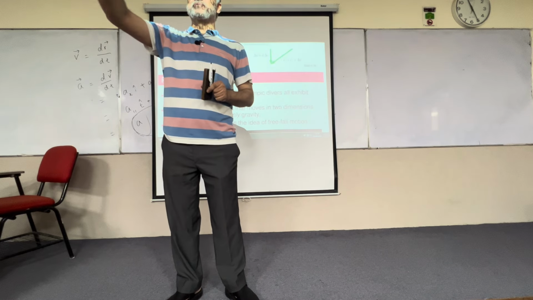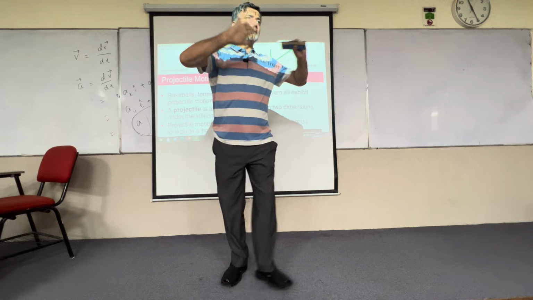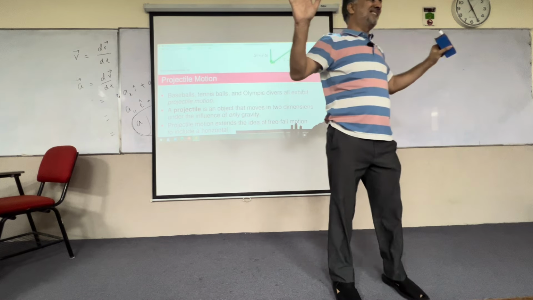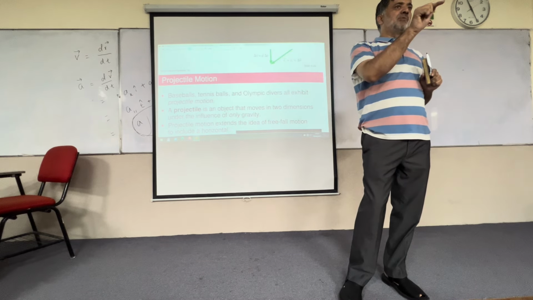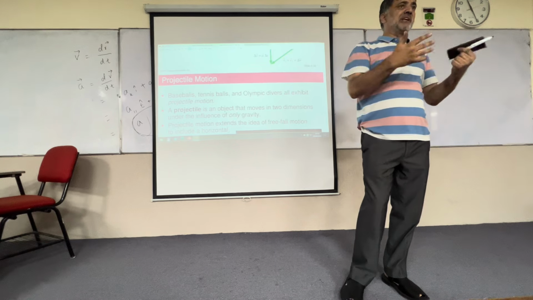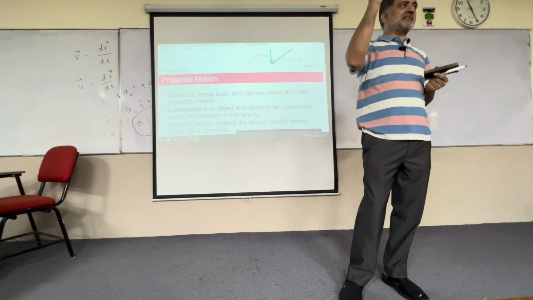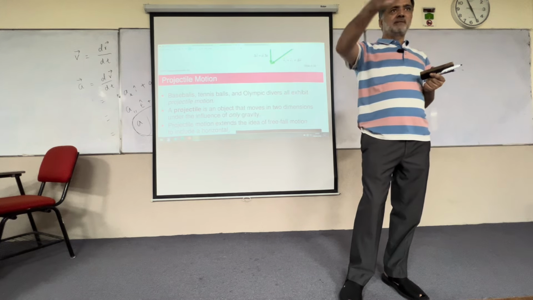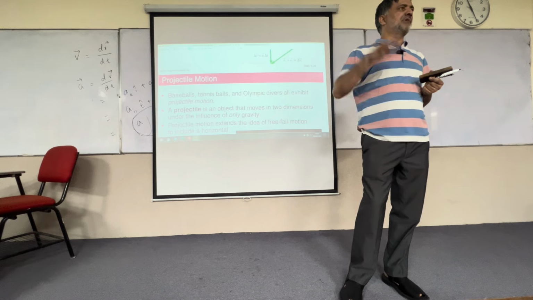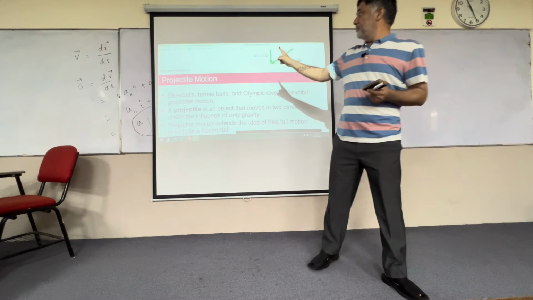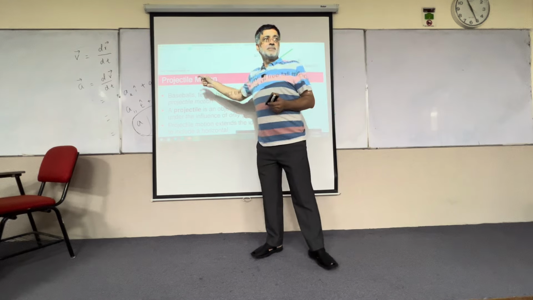If you allow this to be a curved surface, then there is no projectile. So you should now know which details will actually destroy your model: air resistance and curved surface. We have to ignore both of these if you want to use the equations of projectile motion.